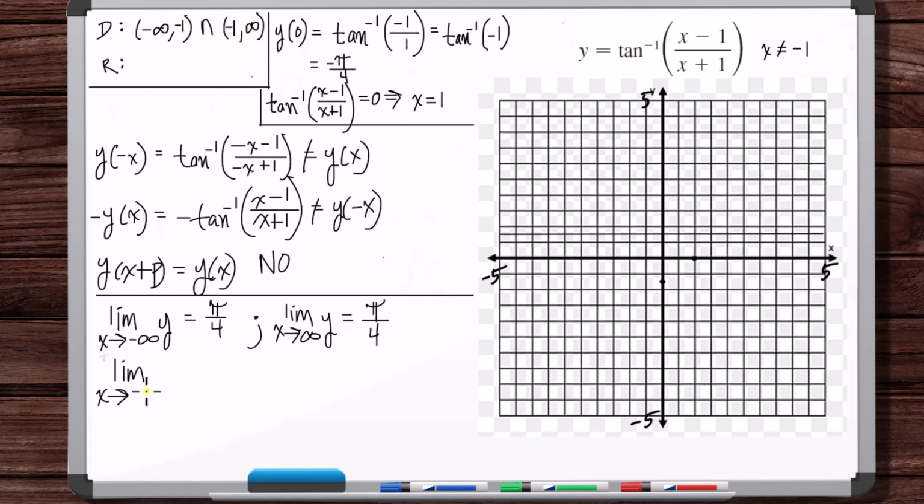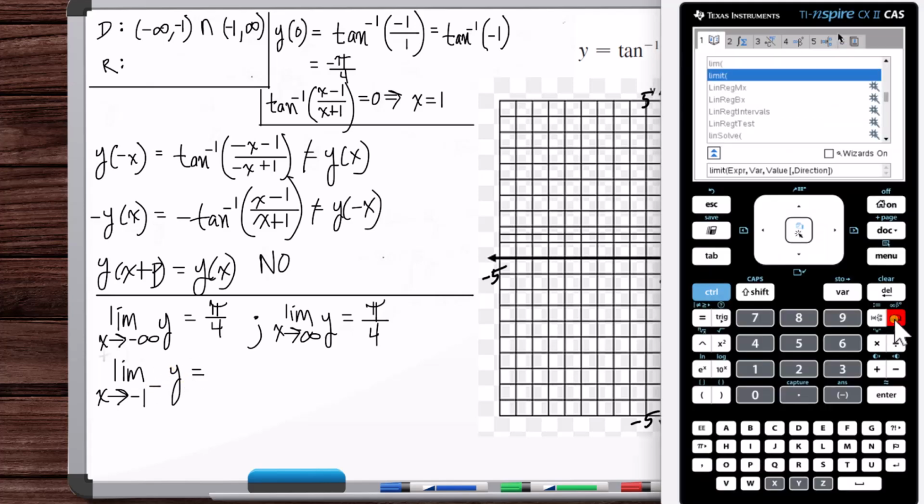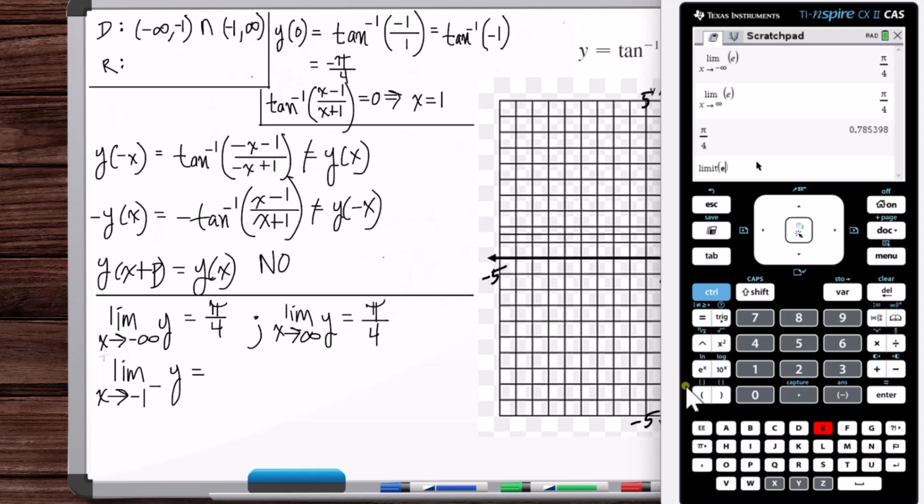Let's take the limit as x approaches -1 from the left of the function. Pi over 2.